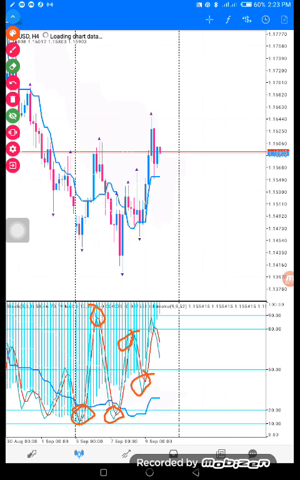We have the same crossovers here, and now because the Ichimoku is downward here and is going up, that's the reason why we should not wait for that sell in the 1 hour time frame.